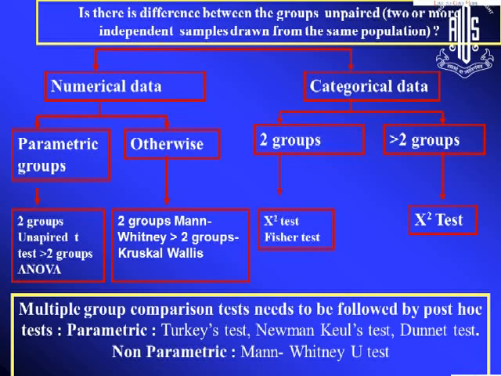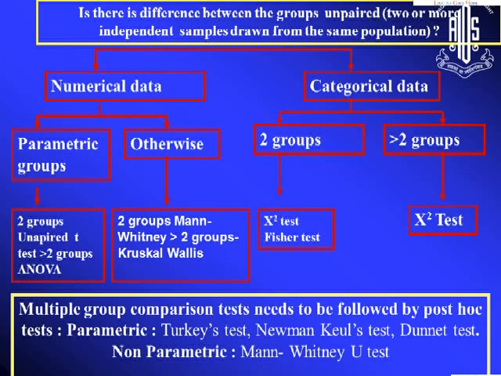If the data is categorical, not numerical, for two groups chi-square or Fisher test, for more than two groups again chi-square test. If more than two groups show significance, say three or four groups, then to find out which group is showing significance you should do post hoc analysis. There are various tests for parametric and non-parametric data that are applicable for post hoc analysis, but these things are all pre-decided.